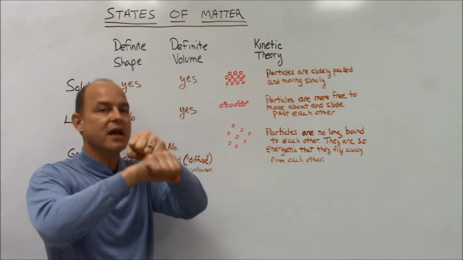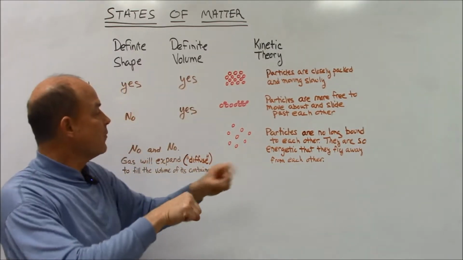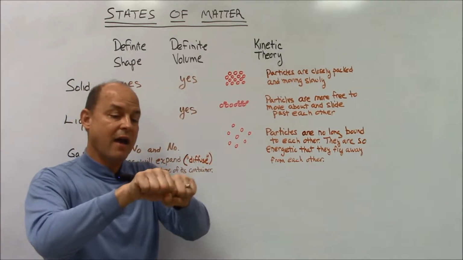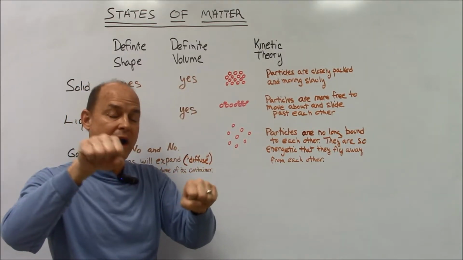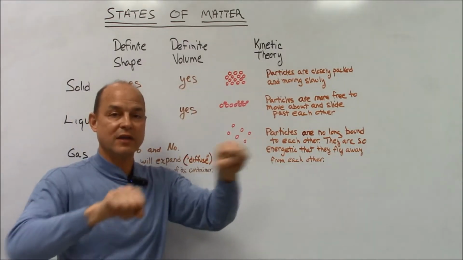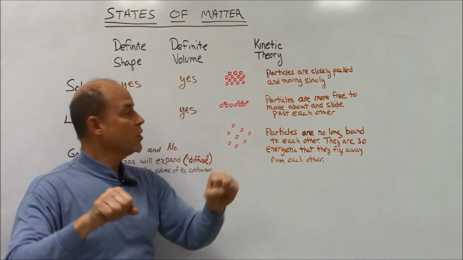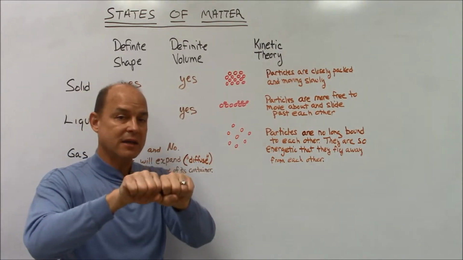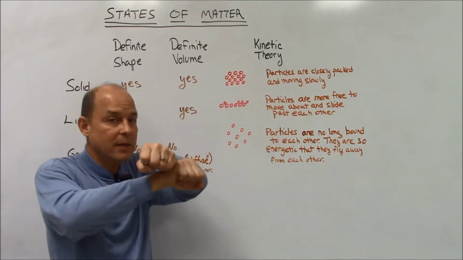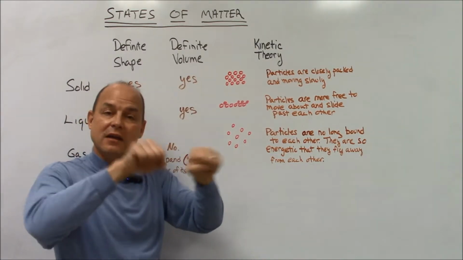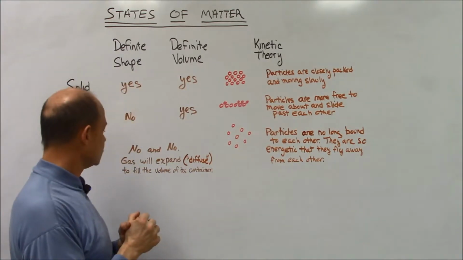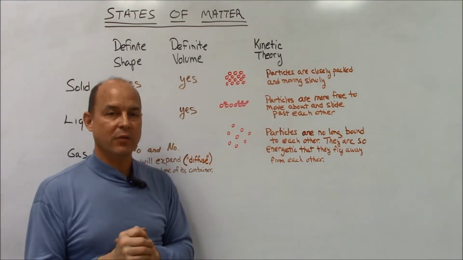So we have solids, liquids, and then particles that are gases, they are so energetic that they actually are free of the bonds that kept them together, and they actually try to get away from each other and they spread out, right? So solids closely packed and not moving very much. Liquids can slide past each other and take the shape of their container, and gases are so energetic that they fly apart. There's one more state of matter that we need to be aware of.